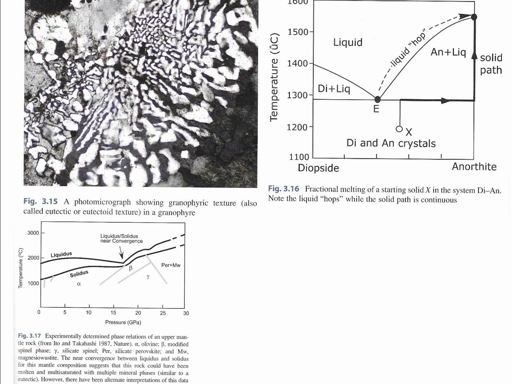We have these whitish crystals, which are the plagioclase, and these dark ones, which are the diopside. That is a so-called symplectite texture, and you get it at this eutectic point, because there you are forming these two crystals.